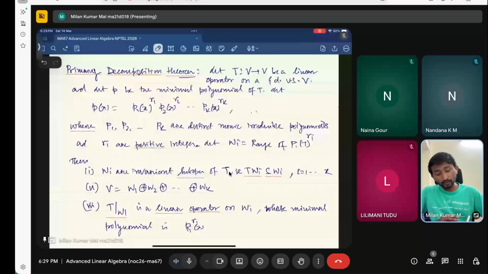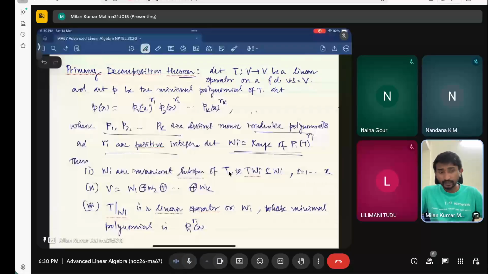Now P1, P2, Pk must all be distinct irreducible monic polynomials, and the Ri are positive powers, so each factor appears. If we consider Wi to be the range of the operator Pi to the power Ri, then importantly V is the direct sum of W1, W2, all the way to Wk.